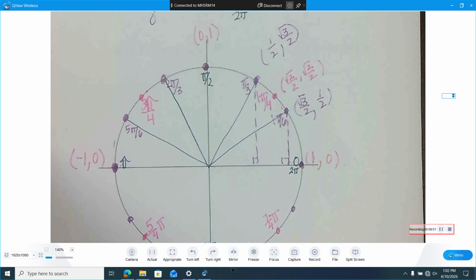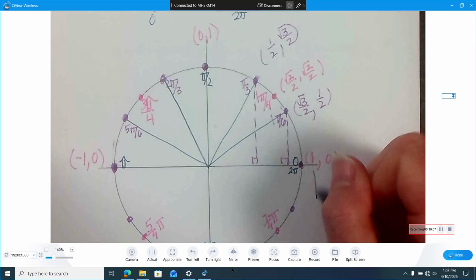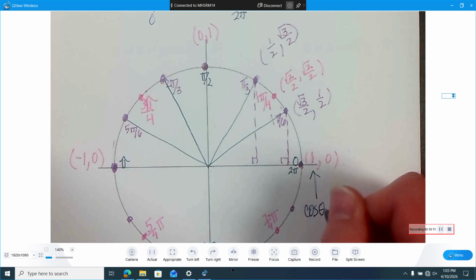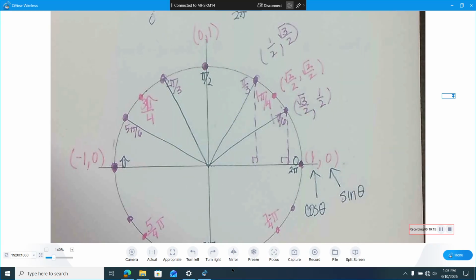Really important that we have all the answers there. Again, you can print it off if you want to, but it is good to have and even better to be able to create. So I do enjoy spending the time to do that. So this is important. I also want to remind you that the x-coordinate represents the cosine of our angle, and the y-coordinate is the sine of our angle.